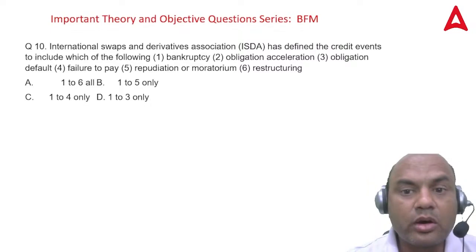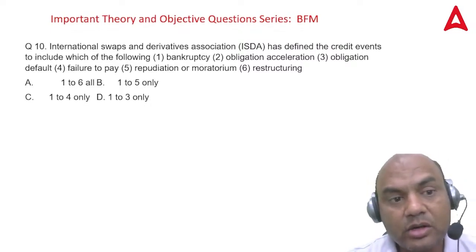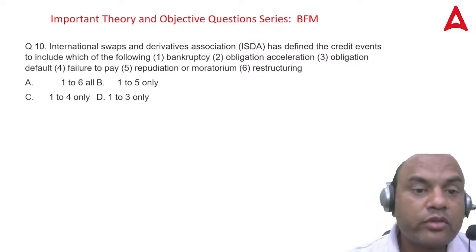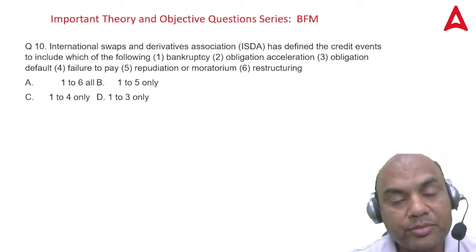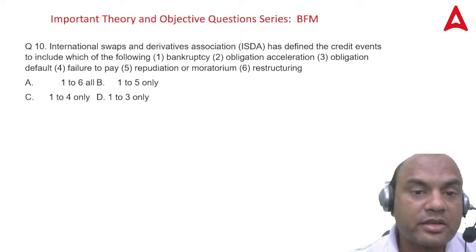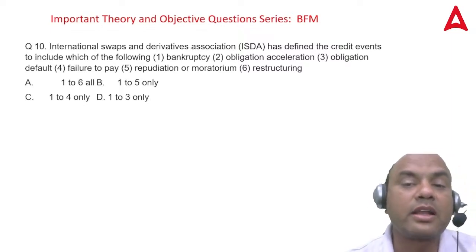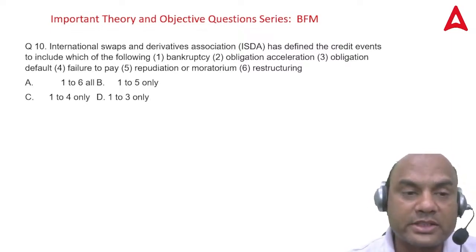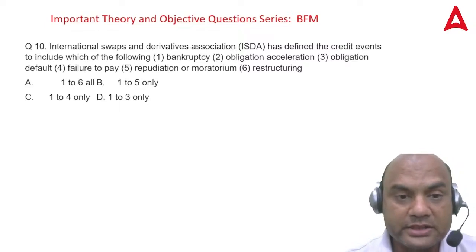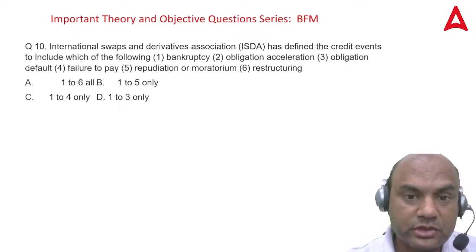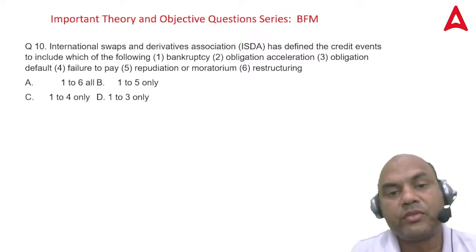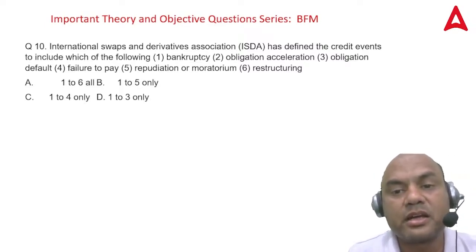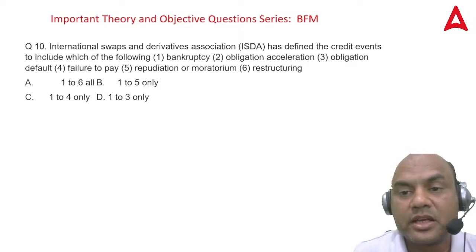Bankruptcy, obligation acceleration, obligation default, failure to pay, repudiation or moratorium, and restructuring. So which of them fall under the category of credit events as per ISDA? Which of them falls under the definition of credit events?